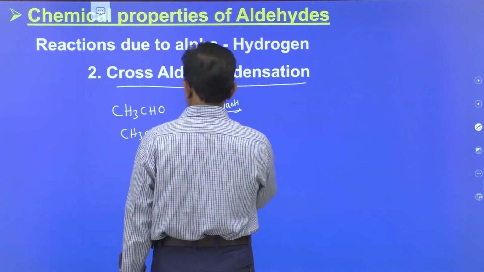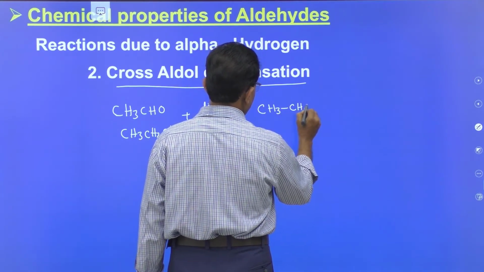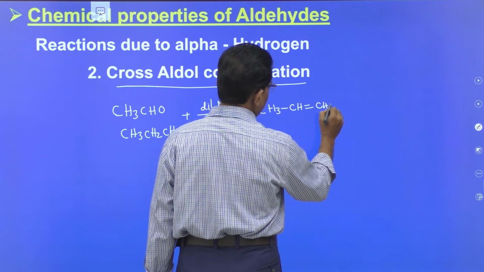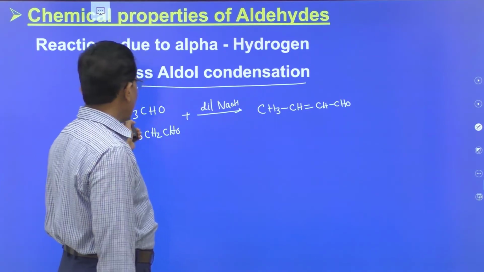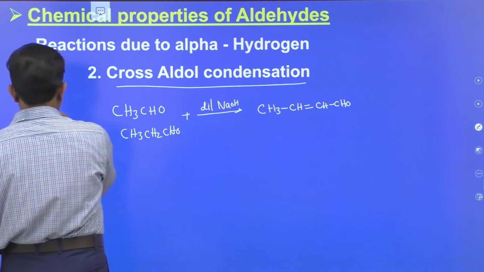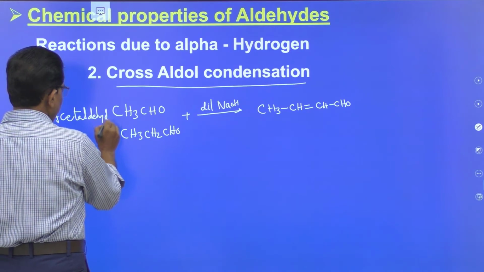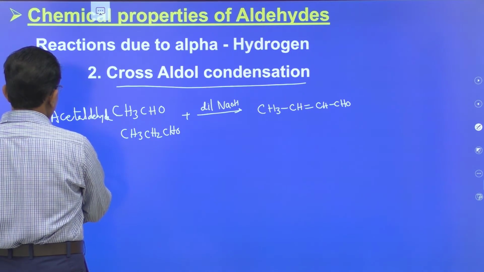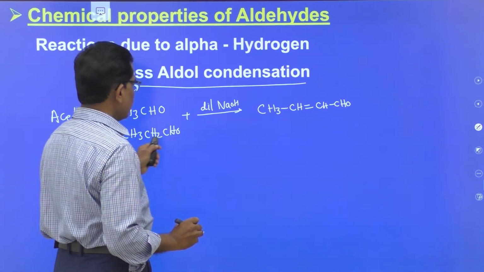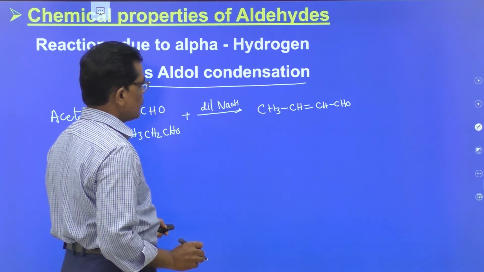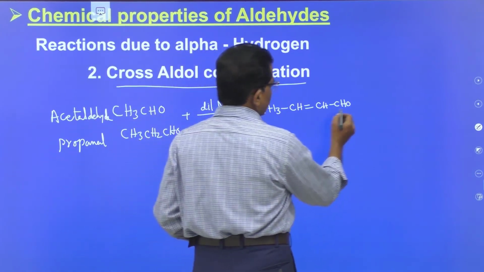Then 2 moles of acetaldehyde react with each other to form CH3 CH double bond CH single bond CHO as one product. These two different aldehydes combine together in the presence of dilute NaOH.